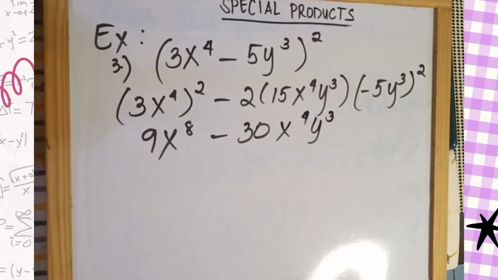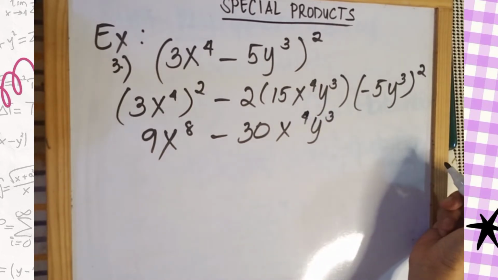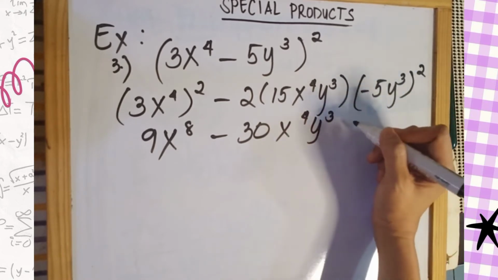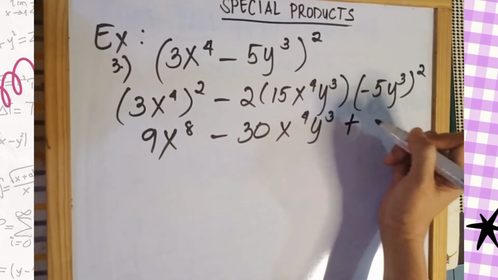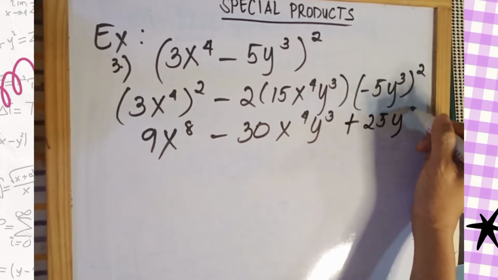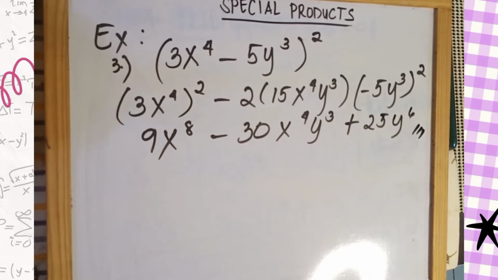So that will be our second term. And our last term is negative 5y cubed squared, so that will become positive 25y to the sixth. So this is now our final answer.